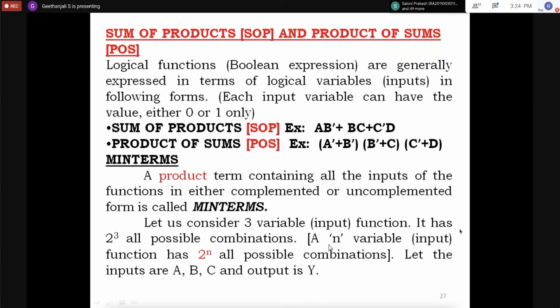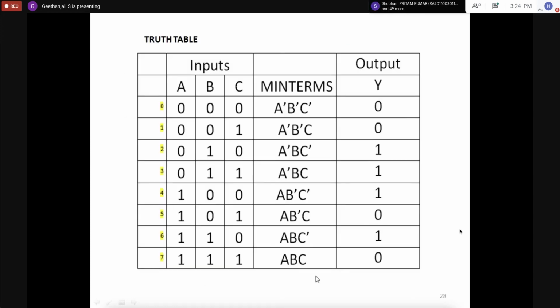An n variable input function has 2 power n combinations. Let the inputs be a, b, c, and the output is y. This is the truth table.